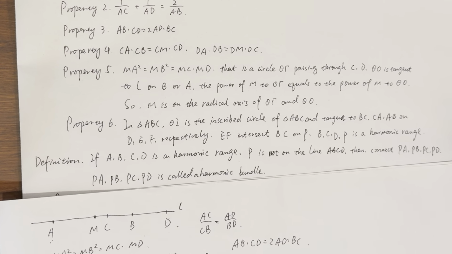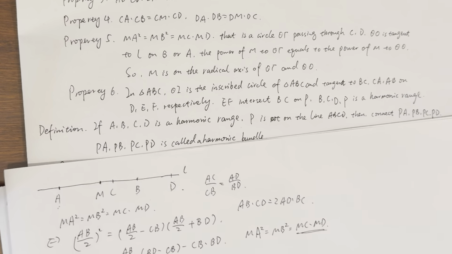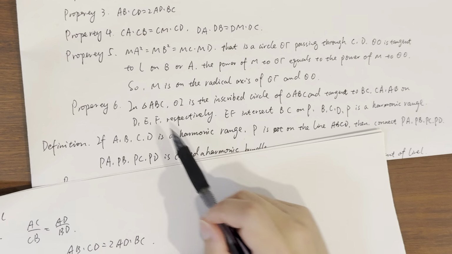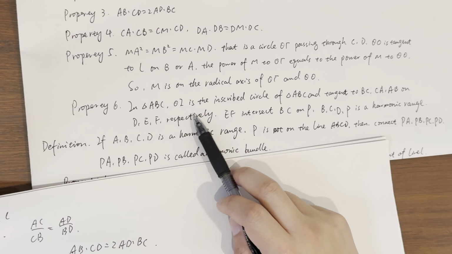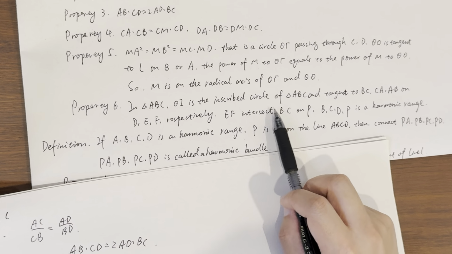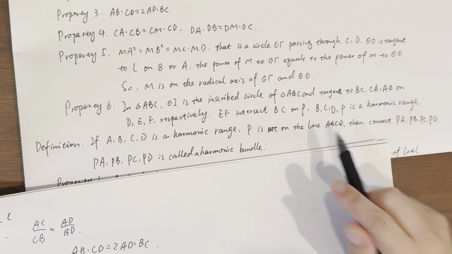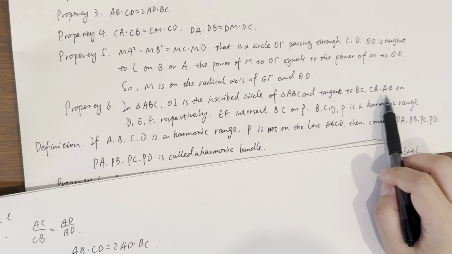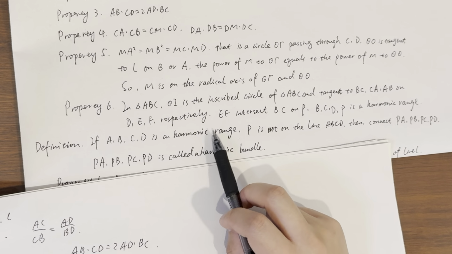Okay, so let's see the next property. In the triangle ABC, circle I is an inscribed circle of ABC and tangent to BC, CA, AB at D, E, F respectively.